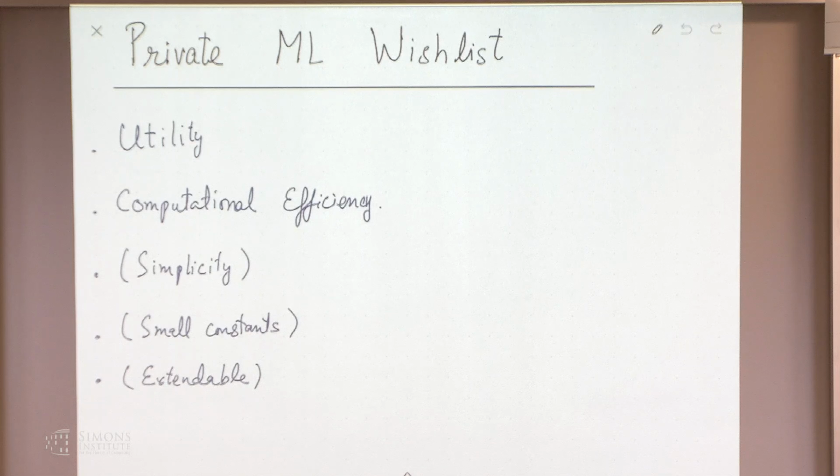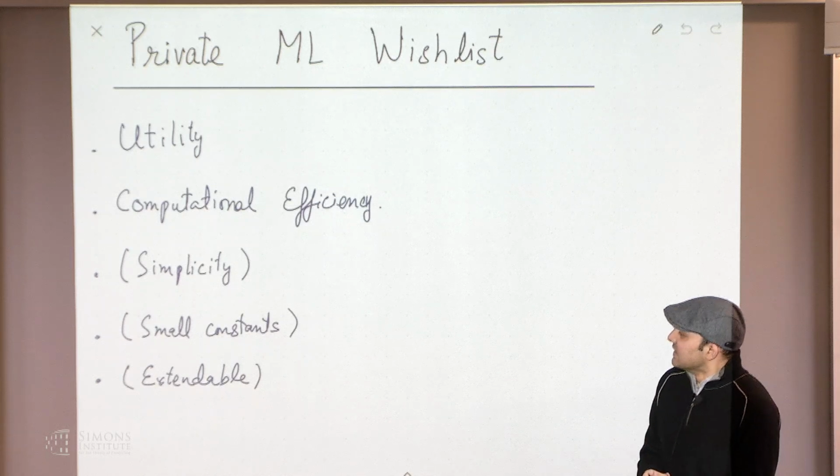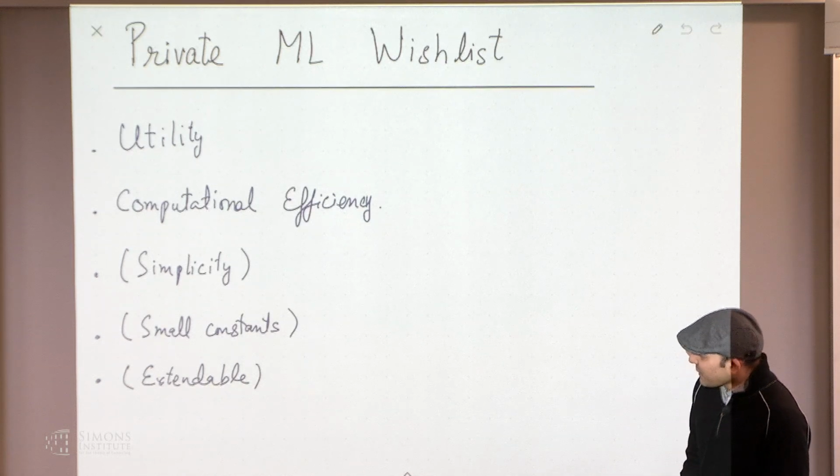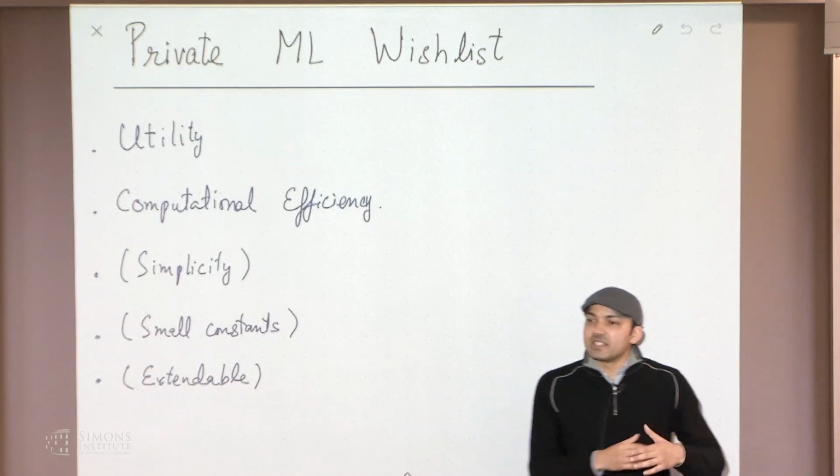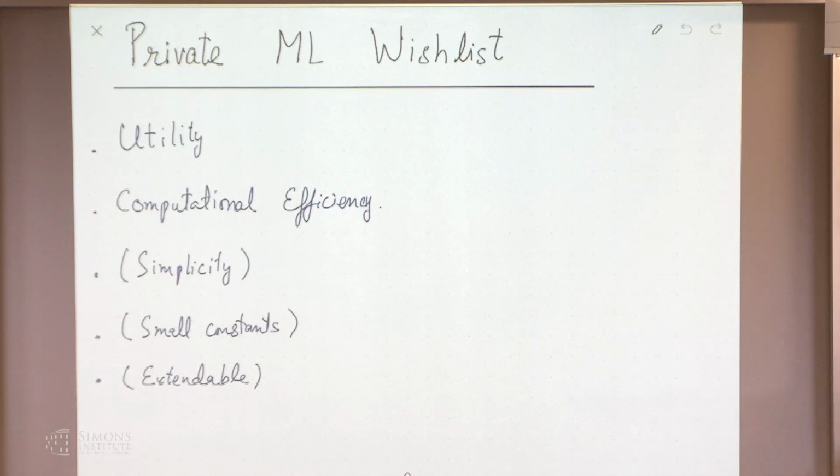Having small constants turns out to be important in practice, as we'll see in the next hour. And it's also useful if your algorithm is easily extendable. Often in machine learning, we have other background knowledge or other reasons to tweak the problem or the algorithm a little bit. If your algorithm can easily adapt to that, that's very useful.